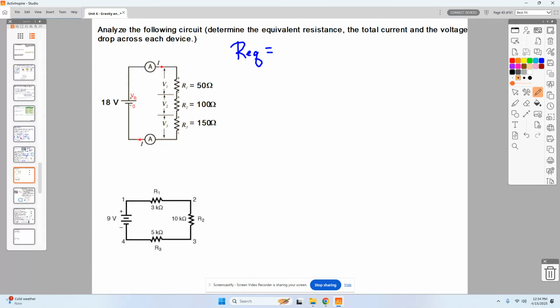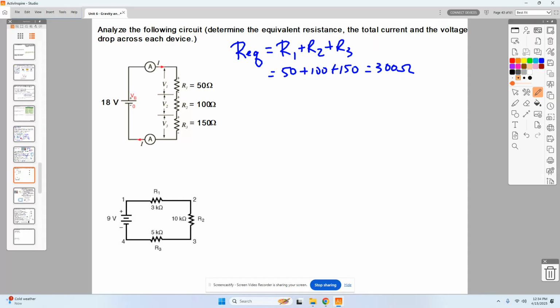Since this is a series circuit, it would just be the sum of these 3, which would be 50 plus 100 plus 150, which would be 300 ohms. So that would be equivalent to a single resistor of 300 ohms of resistance.